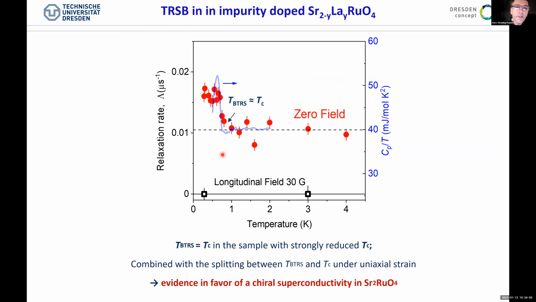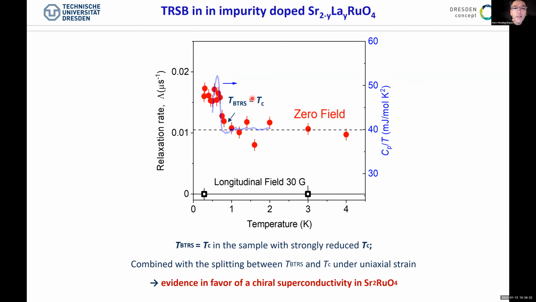So in the last years, we also did other experiments. For example, we did some small lanthanum doping, from which it is known that it strongly suppresses the TC, for example from 1.4 Kelvin to about 0.8 Kelvin. So we reduced TC by a factor of 2.